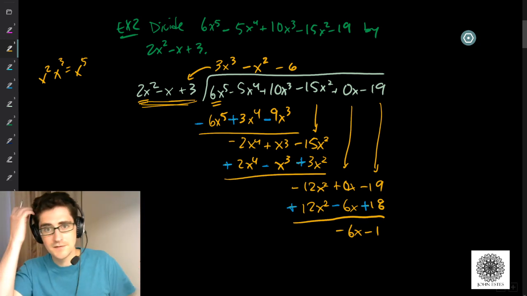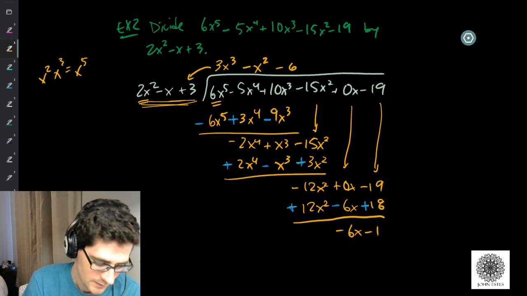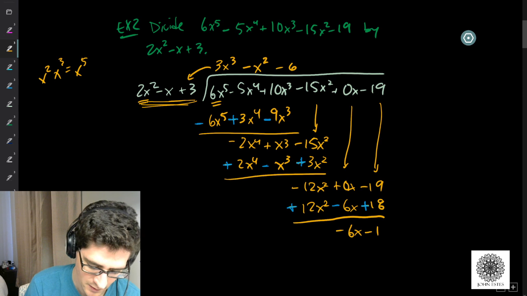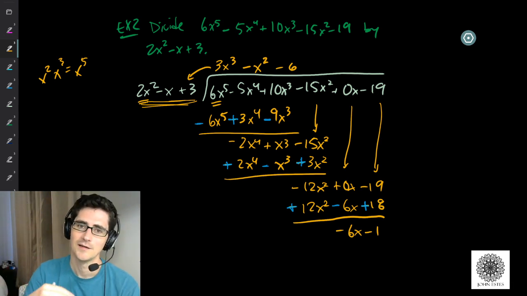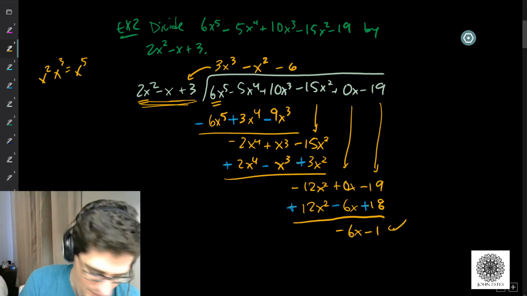Okay, now I'm saying that's the stopping point. And how would I possibly know? Because what polynomial times 2x squared gives me negative 6x? I can't go down in powers if I'm multiplying polynomials, okay? This is my stopping point. And let's make a note.